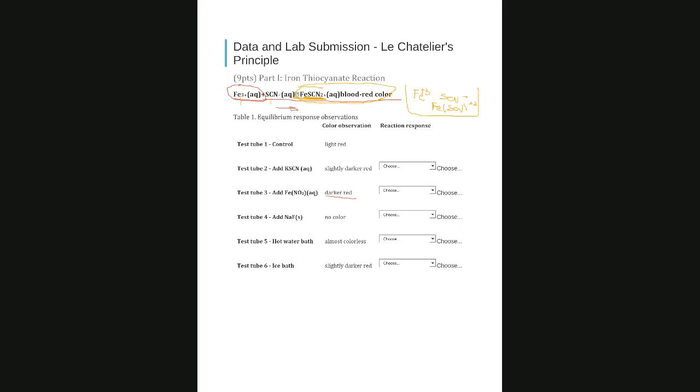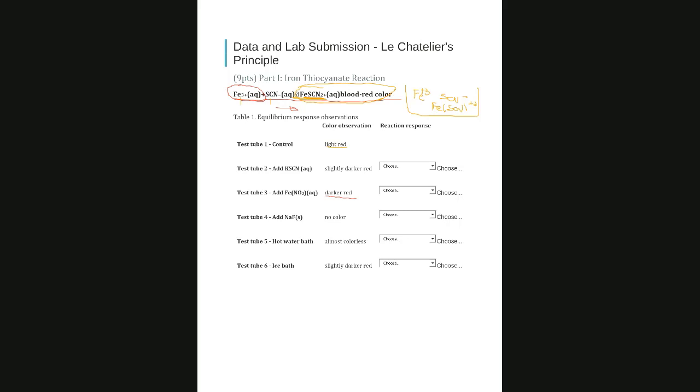So tube 3 is the same as before. All you have to do in tube 3 is look at what they say. It's darker red. Okay, it's darker red. And then you say, the control tube is light red. So if the red is more intense, it means the red is the color of the product.